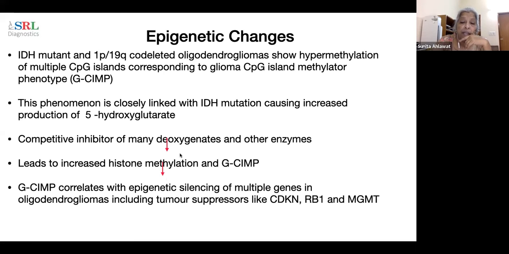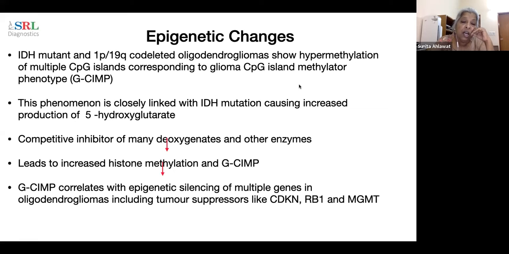This is the same pathogenesis that I have already explained to you in detail. This hypermethylation, as it does in astrocytoma, also does in oligodendroglioma, causes DNA methylation and stops the function of oncogenes and tumor suppressor genes.